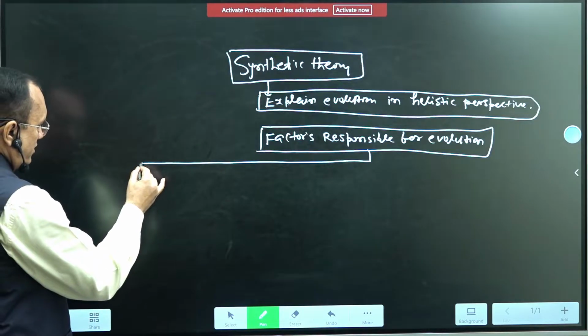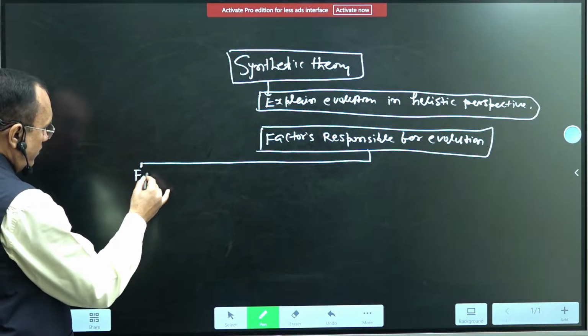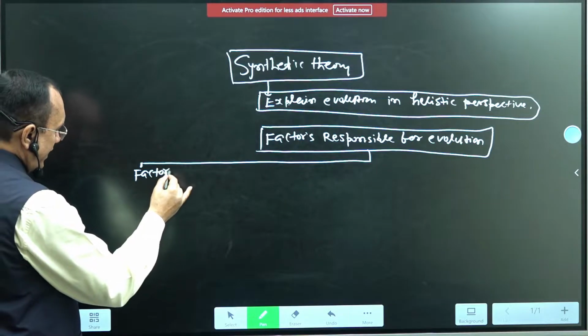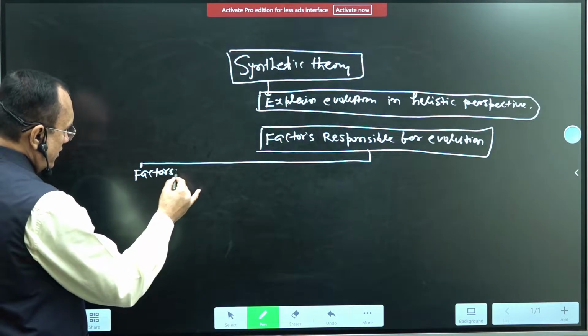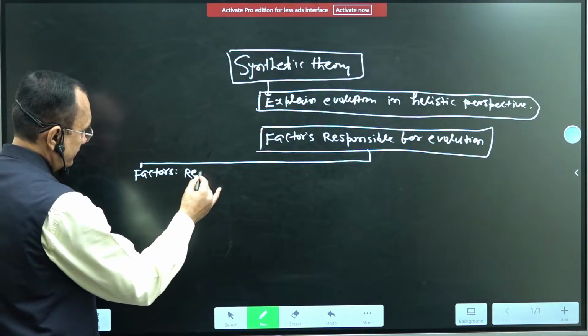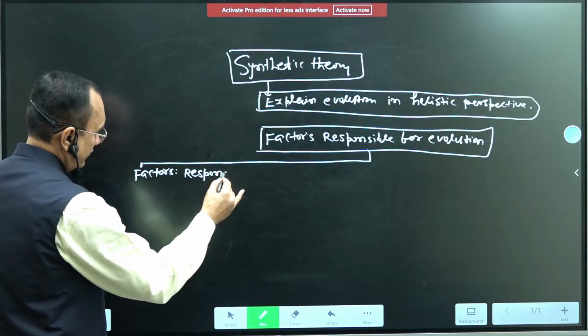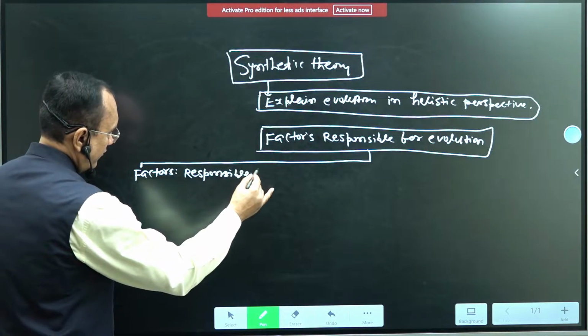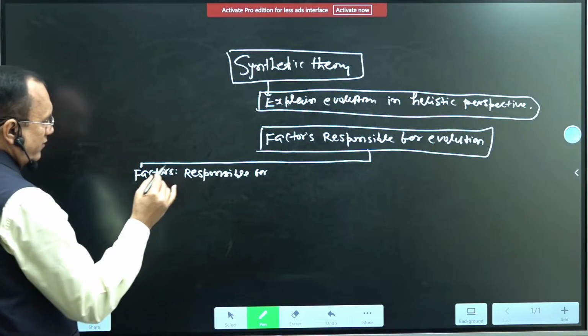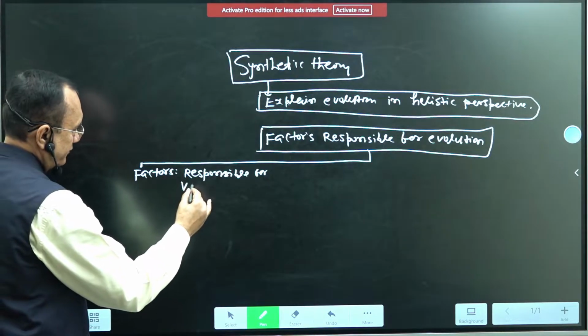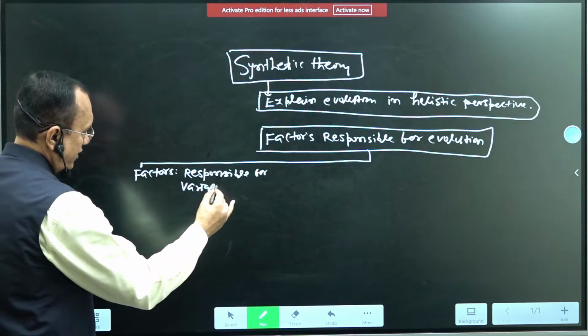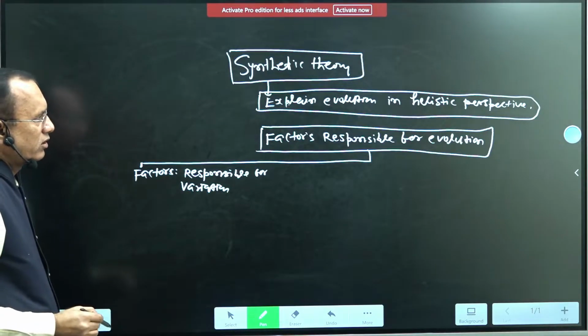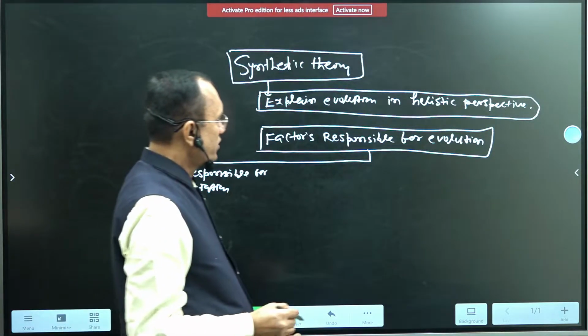First, factors responsible for variation, because the role of variation is very important in evolution.